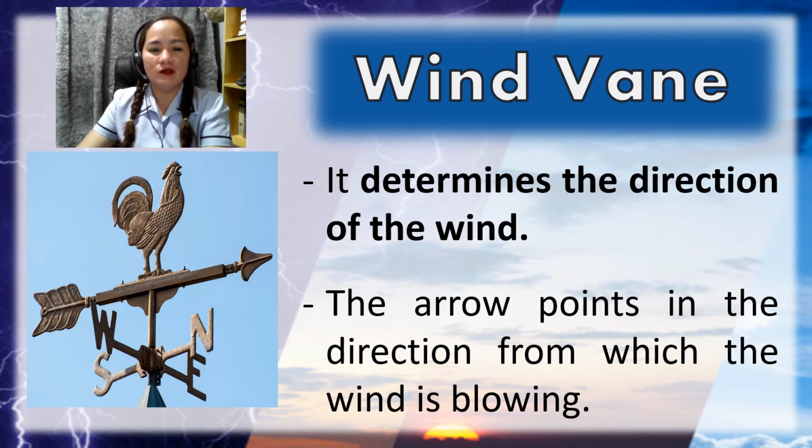A wind vane, also called a weather vane, is a tool for measuring wind direction and was probably the first weather instrument ever used. Have you seen, or have you experienced going to the farm and seeing a wind vane on top of their houses or barn?